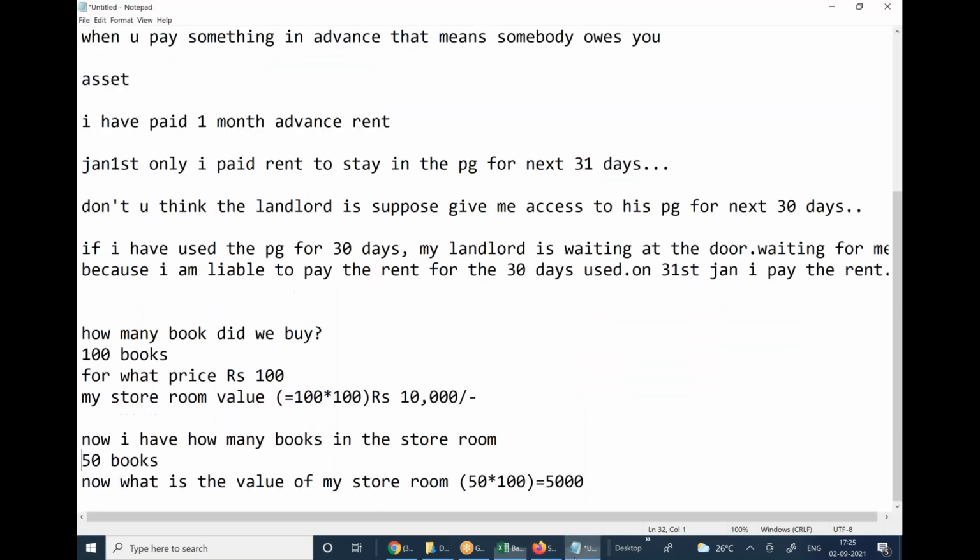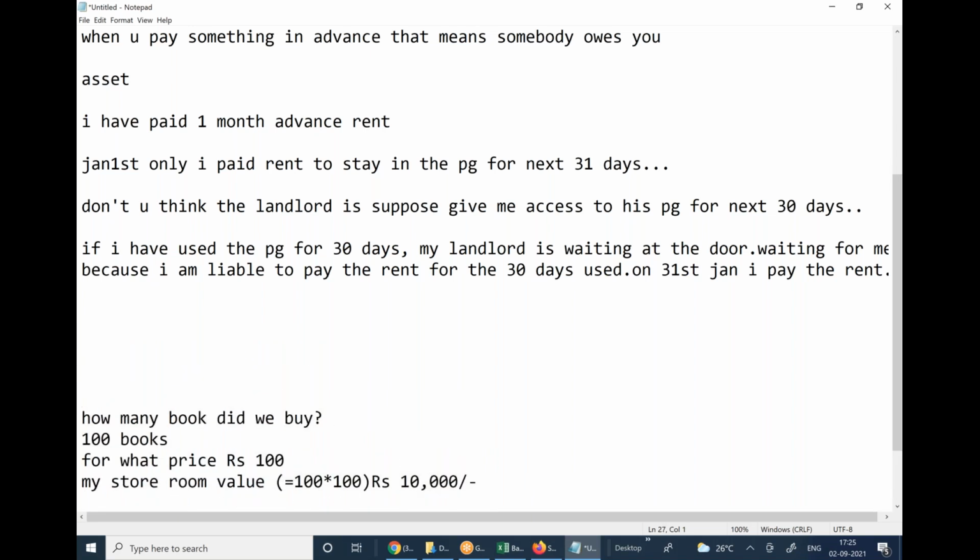What I told you about the rent, what happens after 31st Jan? What happens to the rent?